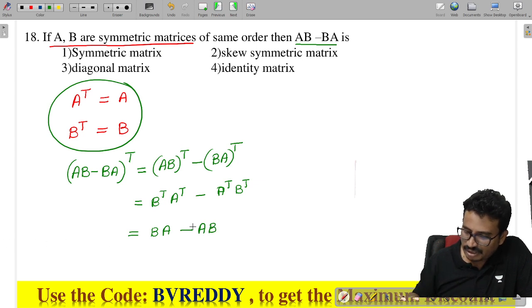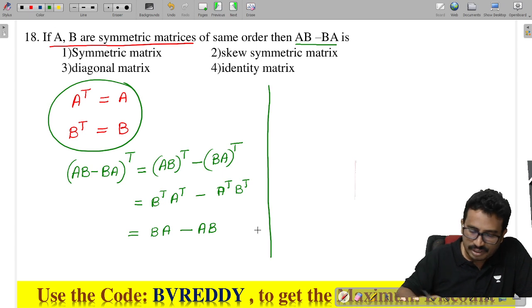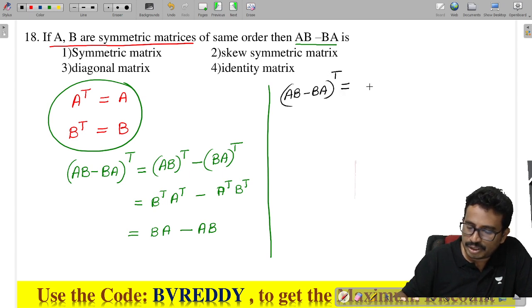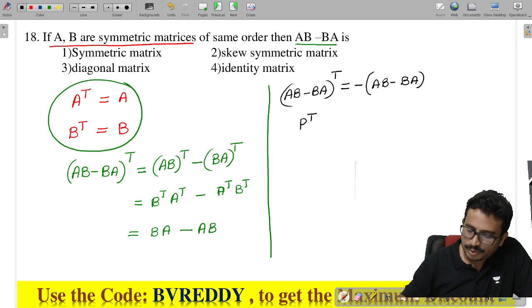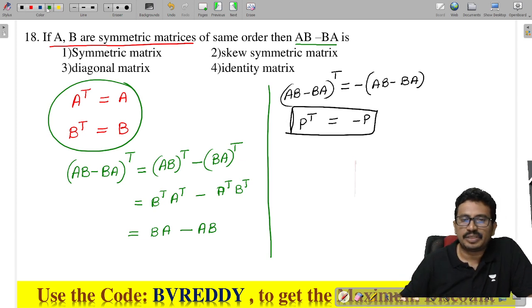Now you see this thing here. If you observe carefully what I got here, (AB minus BA) whole transpose is nothing but, if I take minus common, minus (AB minus BA). So if I call this matrix P, then P transpose equals minus P in this form.